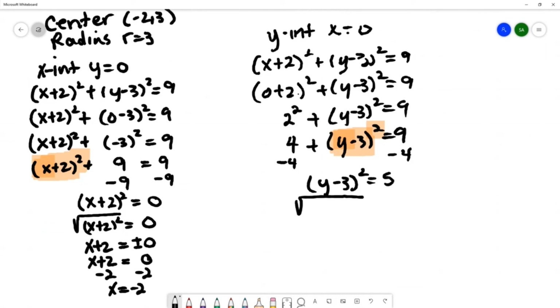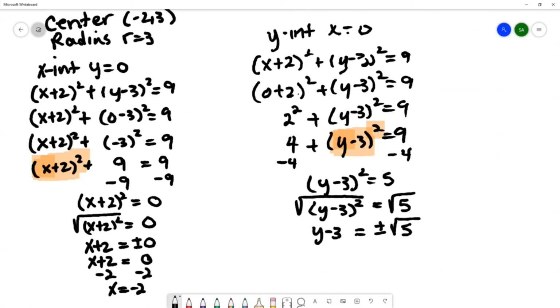I'll do the square root on the left so that I can cancel out the square. The square root and the square cancel each other out. I'm going to gain that plus or minus symbol on the other side. And this time we keep it because we have something other than 0.